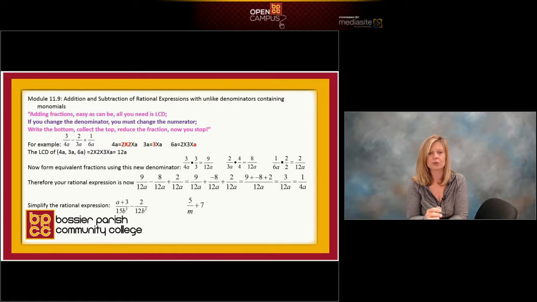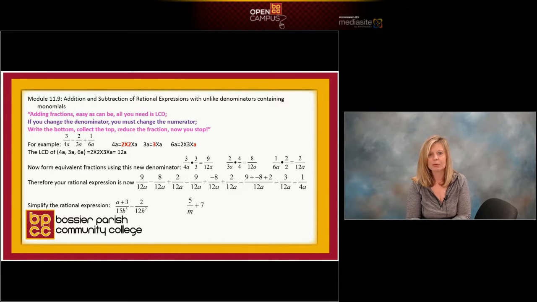So let's look at the numbers. I'm looking at 2. 4a has 2 2's, 3a has no 2's, 6a has 1 2. How many 2's do we need? That's right, we need the most, 2 2's. I see the number 3. 4a has no 3's, 3a has 1 3, 6a has 1 3. Well, 3a and 6a have the same amount, so we just need to take 1 3.